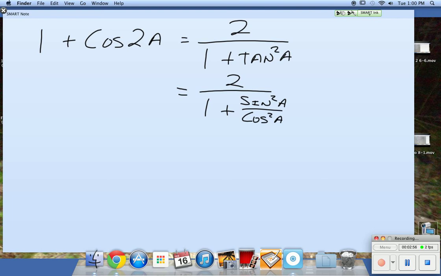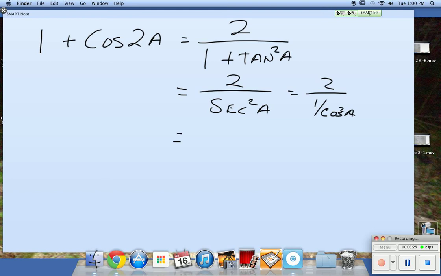Secant squared, right? So if I make this secant squared of a, well, secant squared is 1 over cosine squared. So 2 over 1 over cosine squared of a is the same thing as writing 2 cosine squared of a. Invert and multiply.